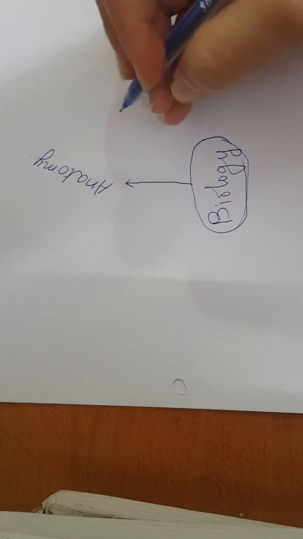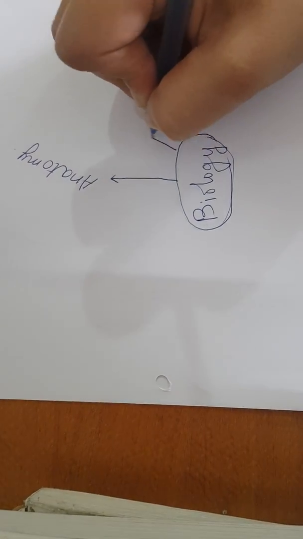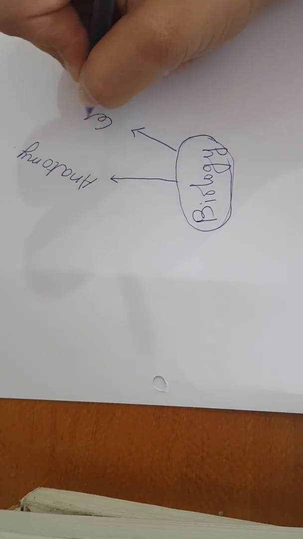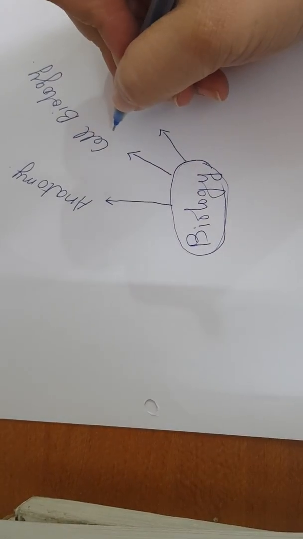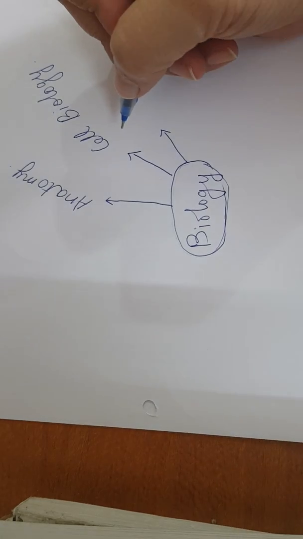Anatomy is related to the internal structure of any living organism. Then we have cell biology. Cell biology is study of the cell, its structure, its components, etc.